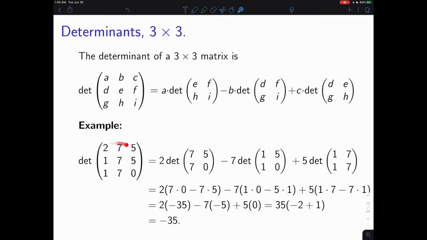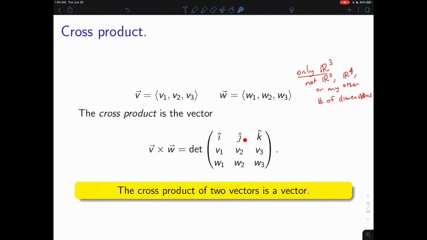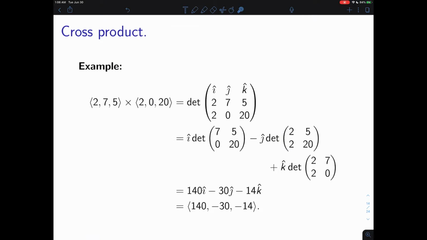In our example, it had numbers, like 2, 7, 5, those are numbers. And wait, ijk are not numbers, they are vectors. So that's kind of weird. I'll show an example to show you how that works. But one thing you can see is that this formula has vectors in it. We're going to be multiplying and adding together vectors, and so the result is going to be a vector. The cross product of two vectors is going to be a vector output.